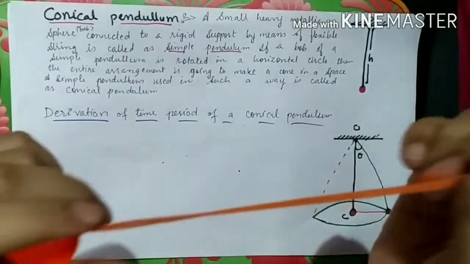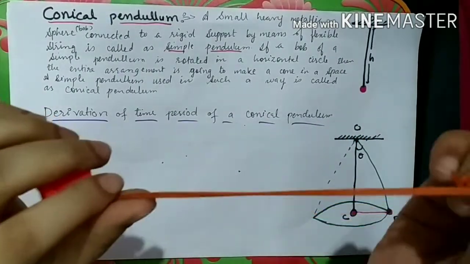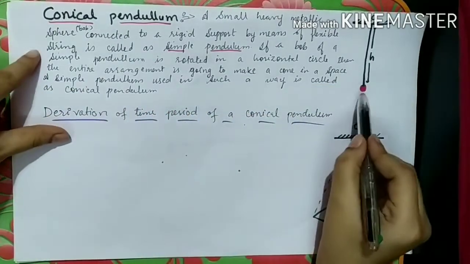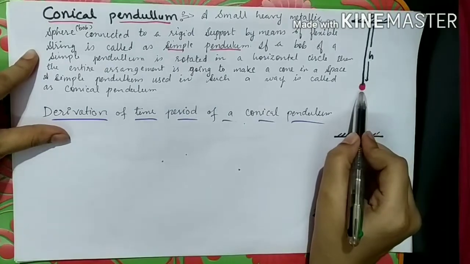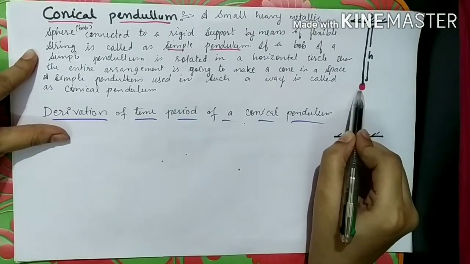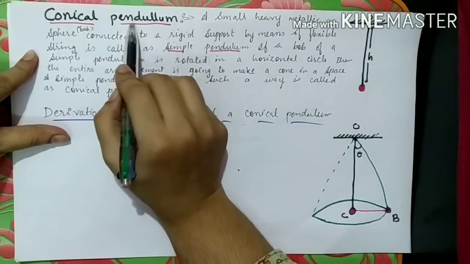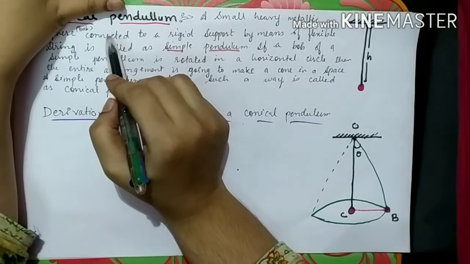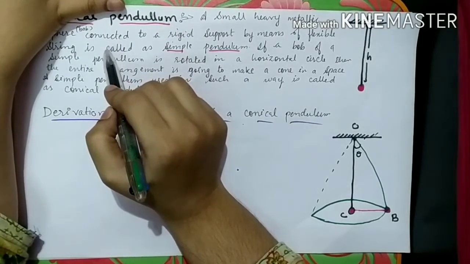So this simple pendulum, used in such a way that its particle or its stone performs circular motion, will be called a conical pendulum. Let us first see the definition of simple pendulum and conical pendulum.